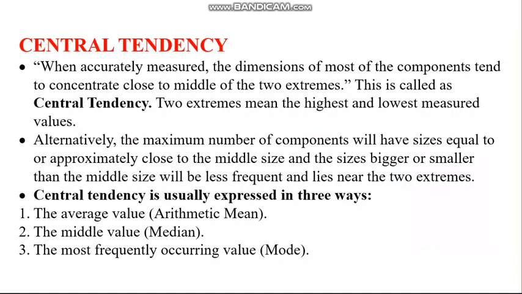So that is the difference between the histogram and bar chart. Now, central tendency. When you say central tendency, what do you mean? It can be defined like this: when accurately measured, the dimensions of most of the components tend to concentrate close to the middle of the two extremes.